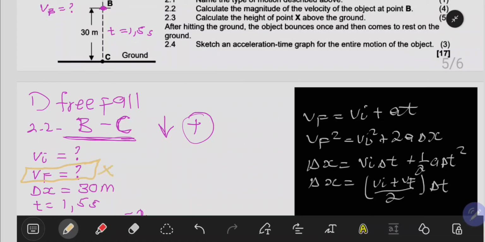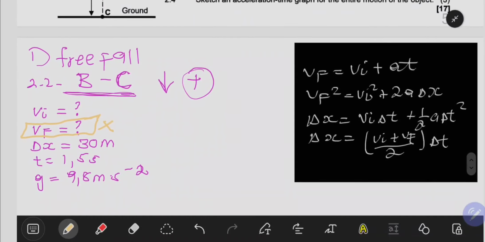We are looking for the initial velocity, so we can check our formulas here. The first formula, we don't have the initial and the final velocity, which won't work, because we're having two unknowns. Even the second one has V final and V initial, which won't work.